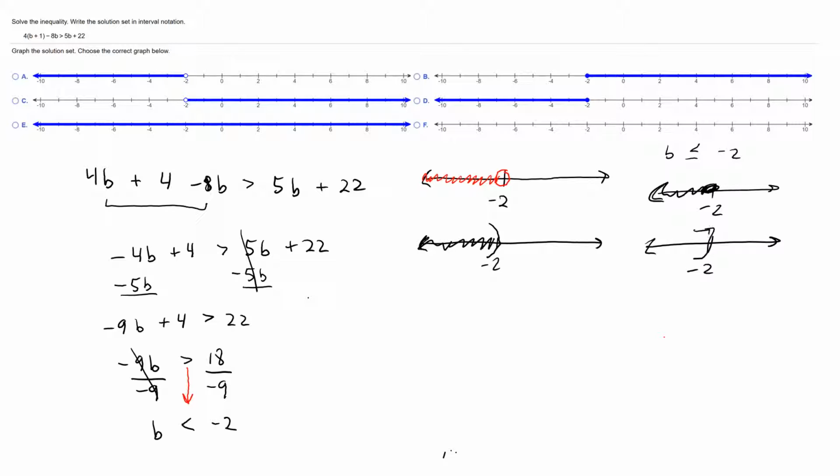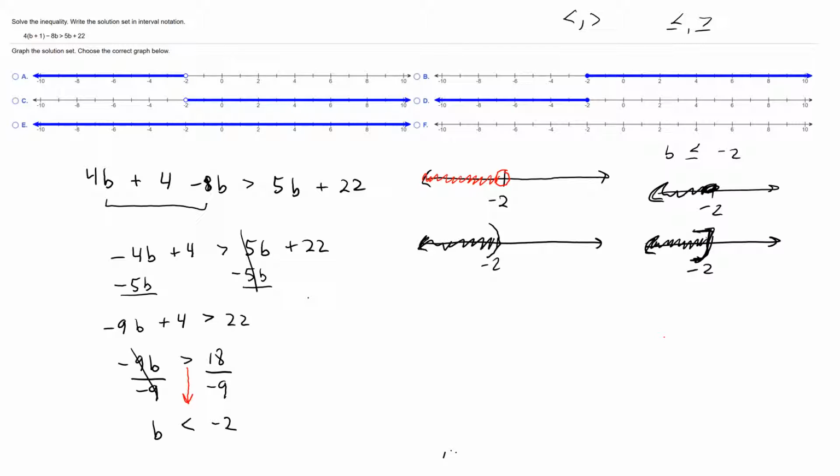The bracket or the closed circle indicates that the number is included in the solution set. So again, if it's this symbol or this symbol, then it's going to be an open circle. But if it contains the equals underneath the inequality, then we would put a closed circle or a bracket.